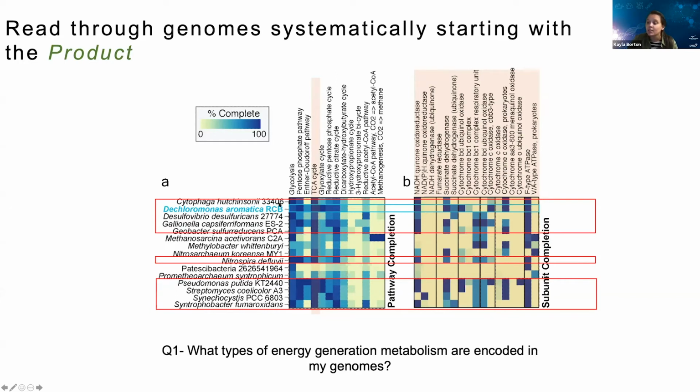From this, we can start going through our genomes and saying, okay, Dichloromonas is a respirer, Desulfovibrio, yes. What we see here from these 15 soil genomes is that 10 of the 15 genomes have the potential to respire.